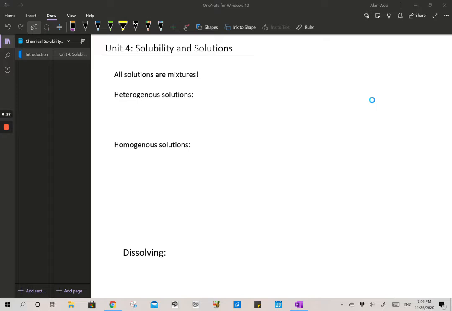So that means we have mixtures or solutions that are heterogeneous, where they don't mix evenly. So if we're looking at heterogeneous solutions, these solutions are often visible as two substances mixed together.